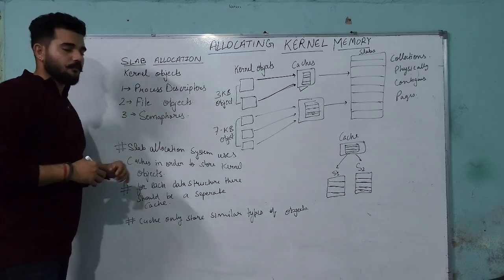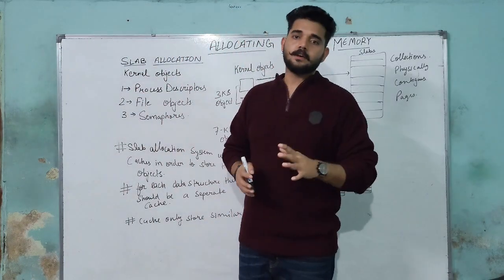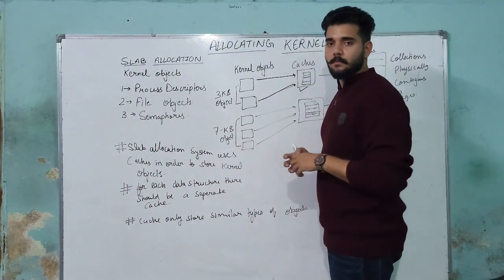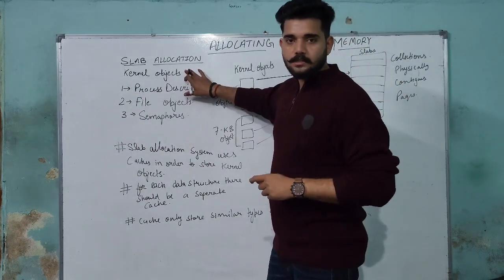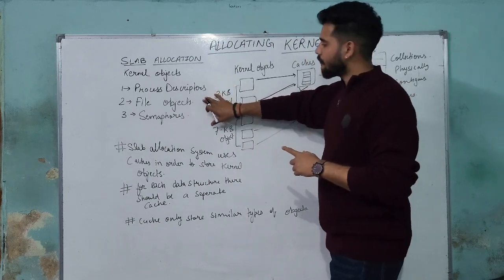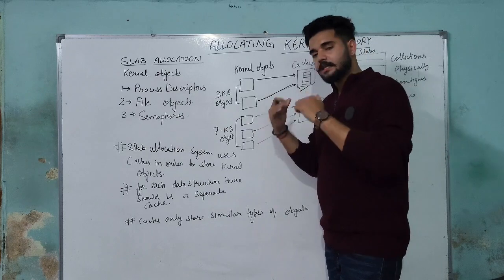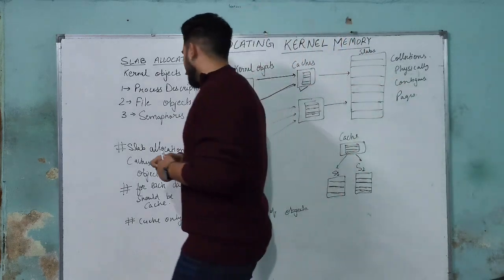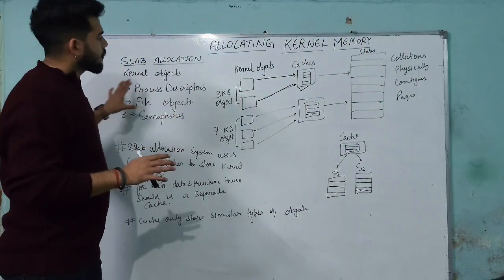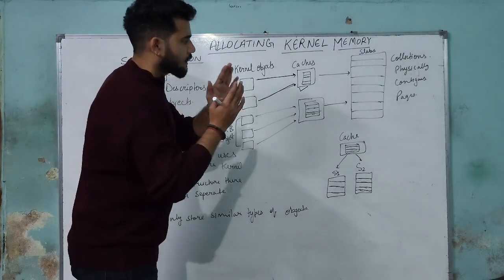Okay. So for allocating kernel memory, first we have to know what things we have to store in the memory. The things are kernel objects. What are kernel objects? Kernel objects are process descriptors, file objects and semaphores. These are the objects which we have to store in the kernel memory. So in this, we are going to store the objects in the cache.